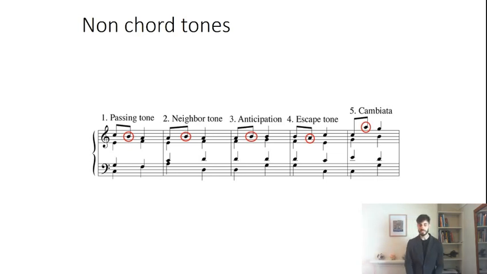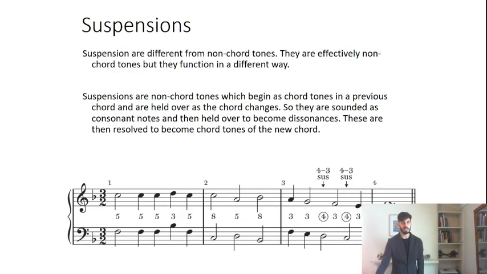And the anticipation is quite nice because it sounds like it's going to be a neighbour tone, but it ends up staying on that note, which is slightly unexpected. It's a nice device to use. We won't talk about 4 and 5, we might revisit 4 and 5 later on. But those three are the main ones.